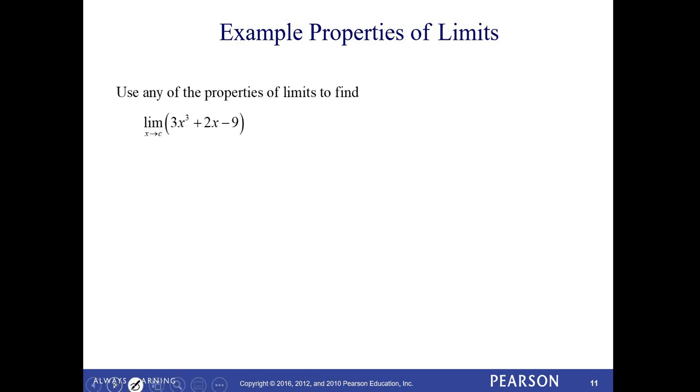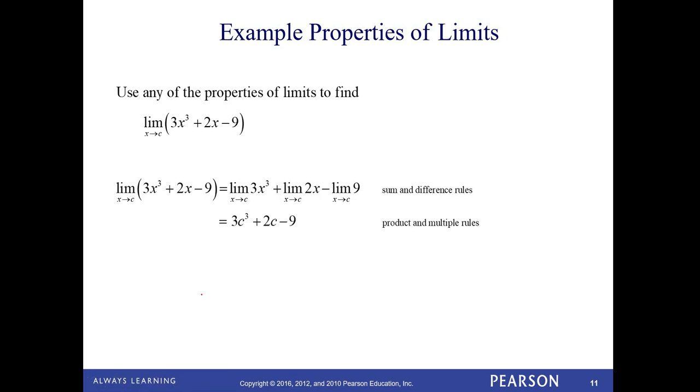Okay, so let's look at these different examples of finding a limit. So this is a sum of three limits. I can find the limit of each one individually and then add them together. So the limit of 3x squared as x approaches c, and the limit of 2x as x approaches c, minus the limit of 9.